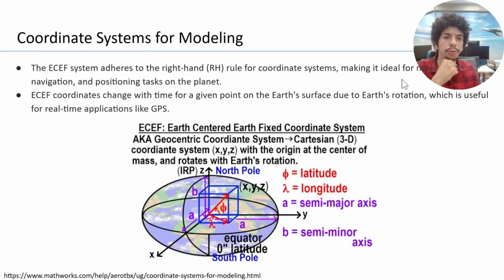Making it ideal for mapping, navigation, and positioning tasks on the planet. ECEF coordinates change with time for a given point on the Earth's surface due to Earth's rotation, which is useful for real-time applications like GPS, or global positioning systems.